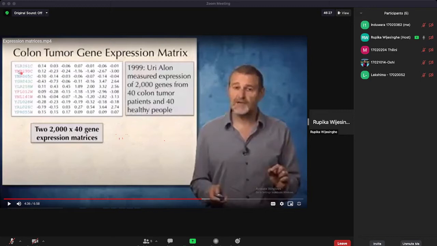Can you tell me what is in the rows and what is in the columns?